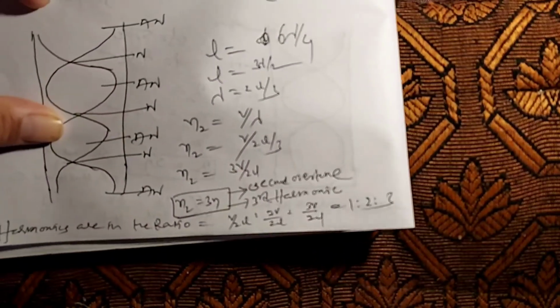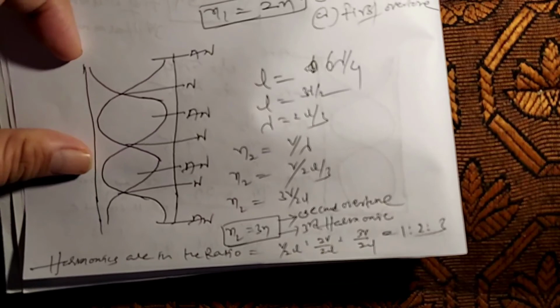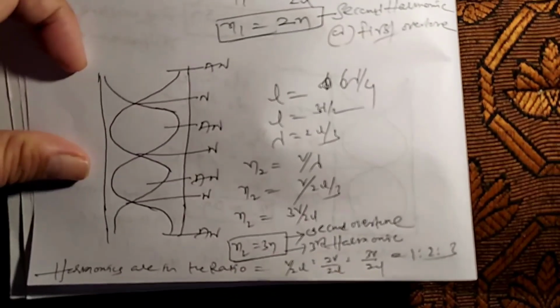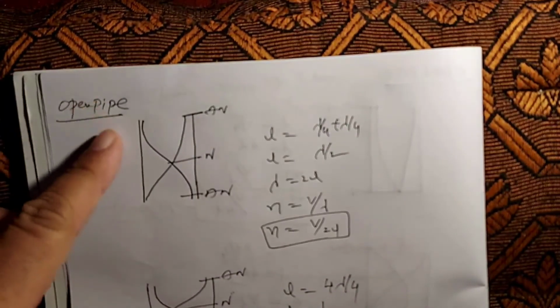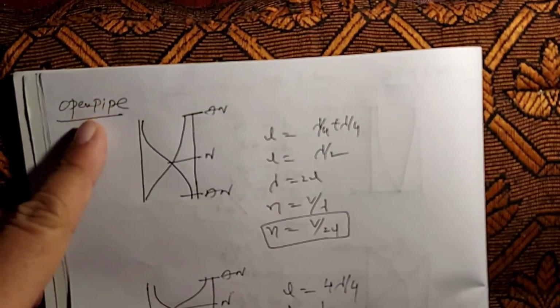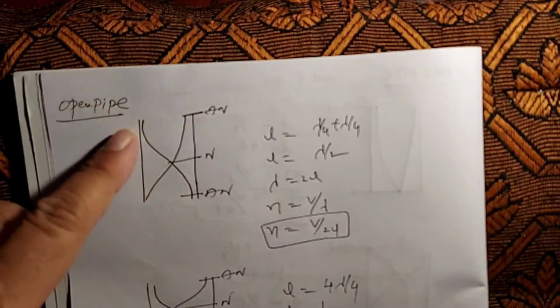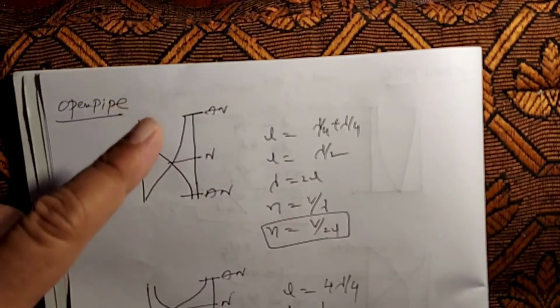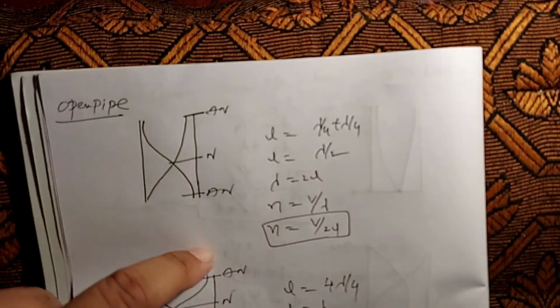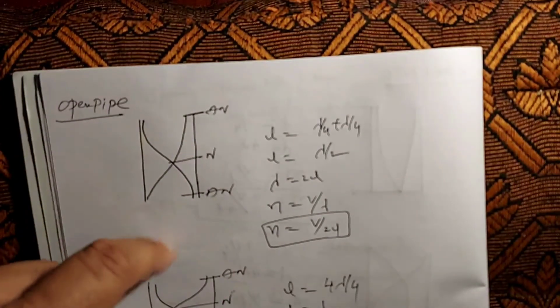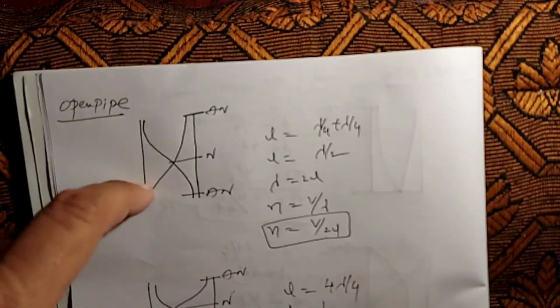That means all harmonics are formed without missing any harmonic. So this is another 8 marks question, open pipe. Only open pipe or closed pipe, only one pipe is asked in examination, and they must attach problems related to this open pipe or closed pipe. So you have to remember that important point.